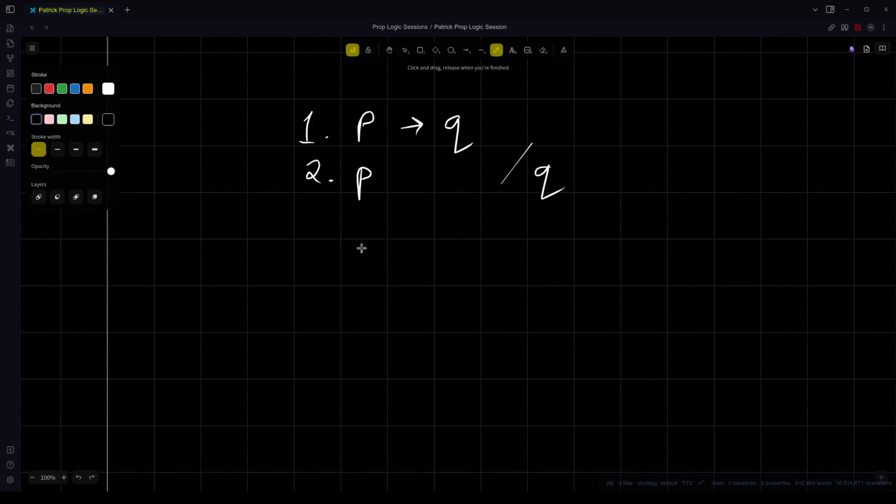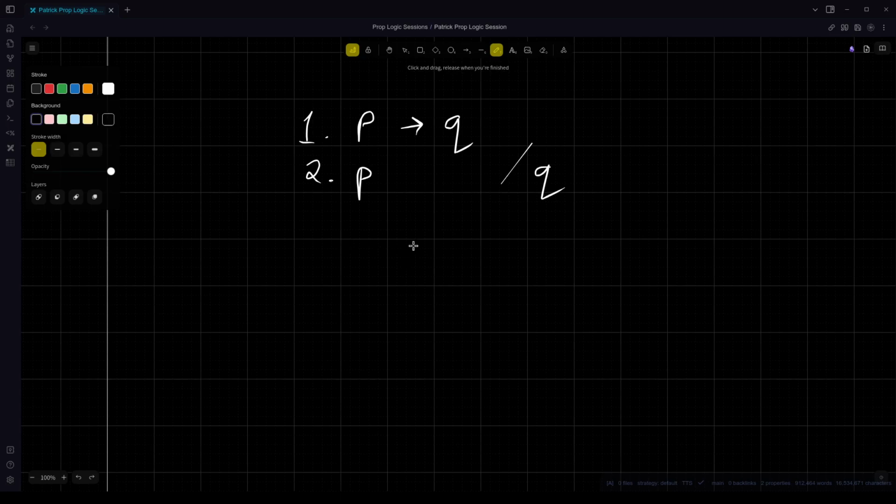What's this? This is rules of inference we're doing. So then it'll just be a new premise, and then I show that I use, what was the word for it, modus ponens.